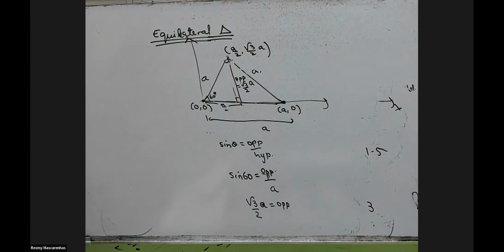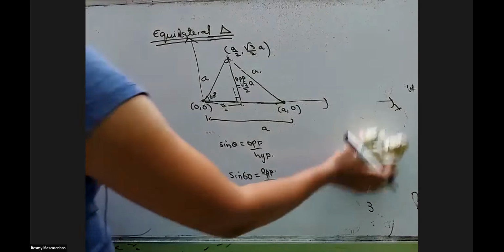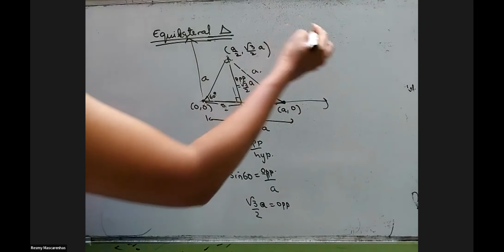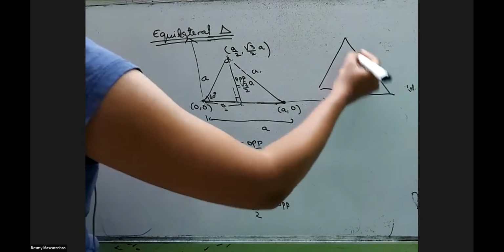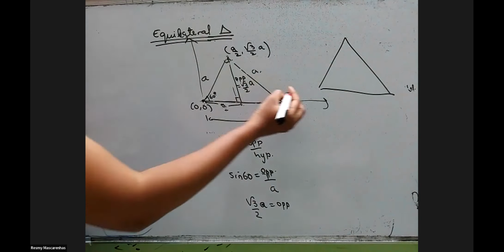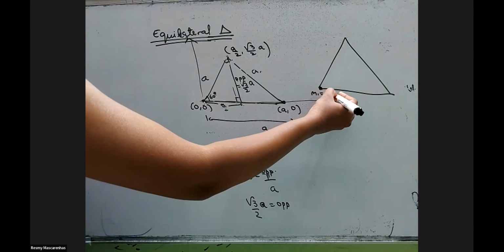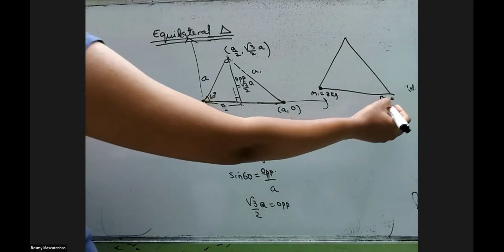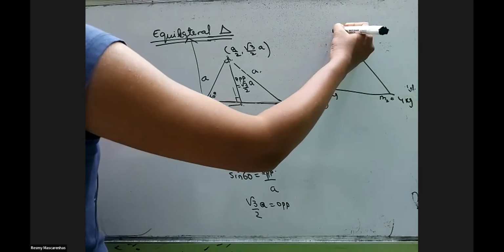Okay, now we'll solve. I'll just frame the question and give it to you, then it's simple to solve. Question number 4. I'll directly draw the diagram. There's an equilateral triangle. M1 is 3 kg, M2 is 4 kg, and M3 is 5 kg.